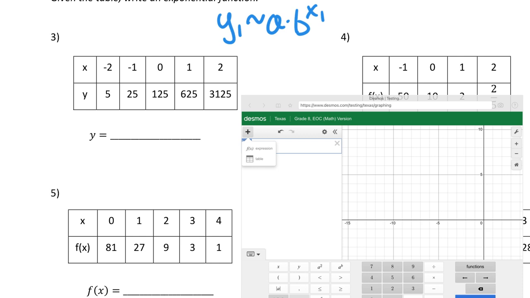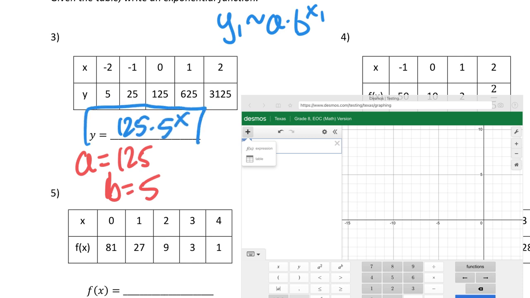So there's your A, 125, and there's your B, 5. Let's write that down. A is 125. B is 5. When I plug that into my formula, we have y equals 125 times 5 to the x power.